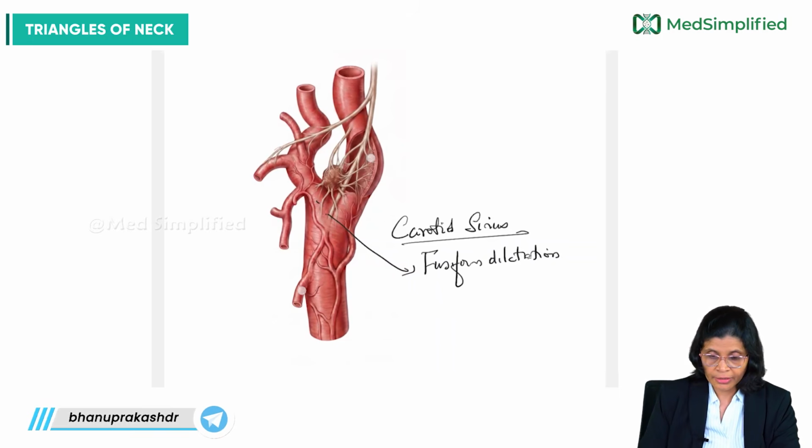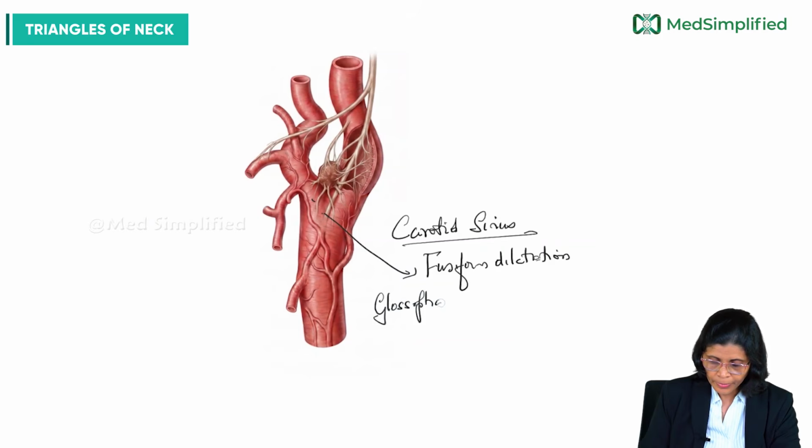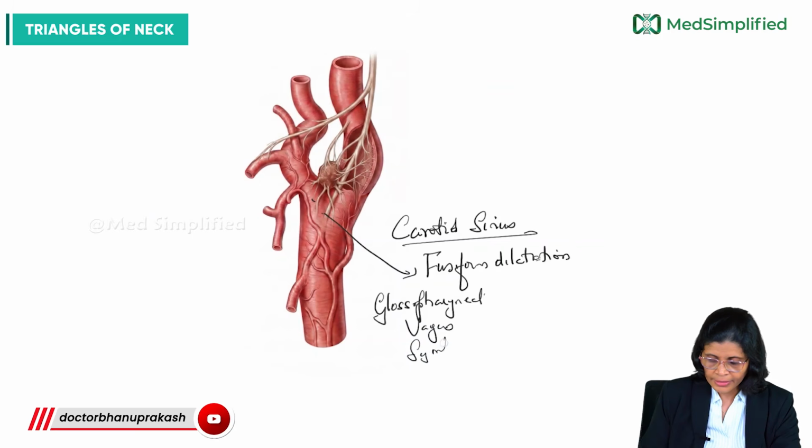It has a very rich innervation, contributed by the glossopharyngeal, vagus and the sympathetic plexus around these carotids. All of them contribute to form the nerve plexus around this region.